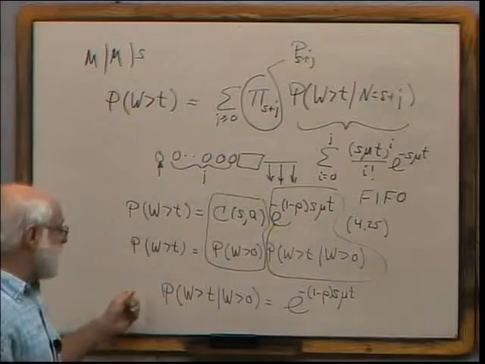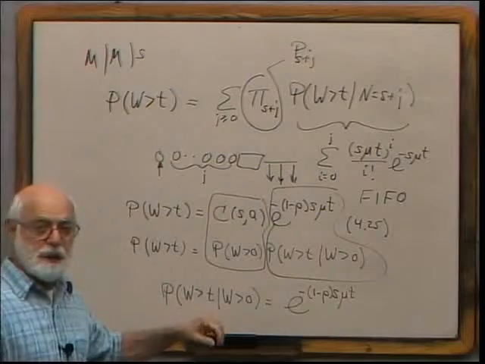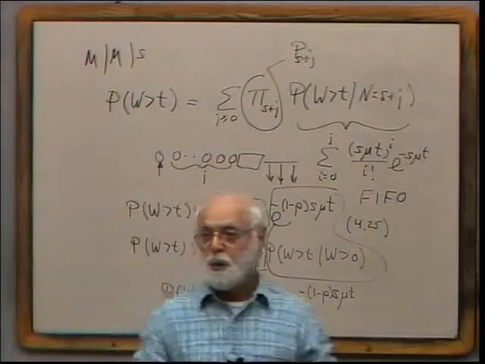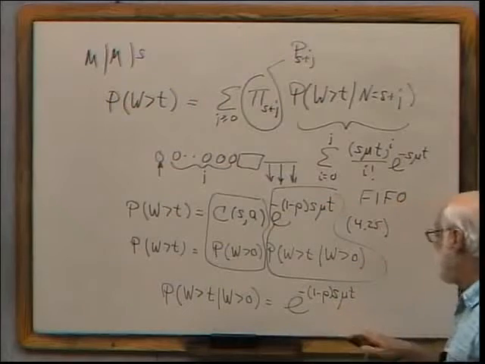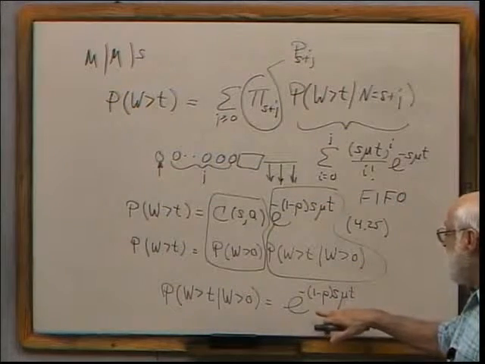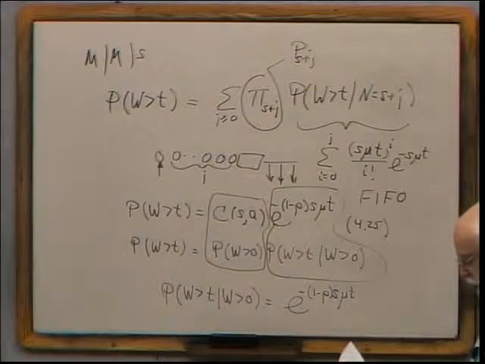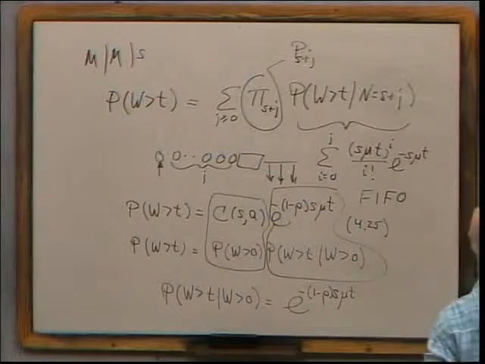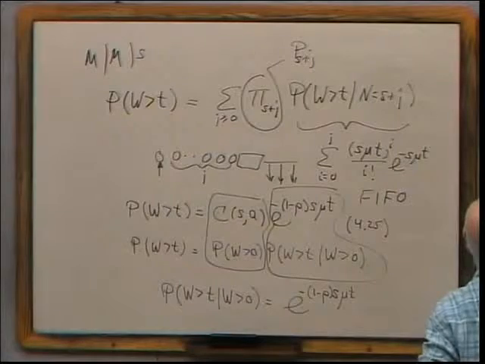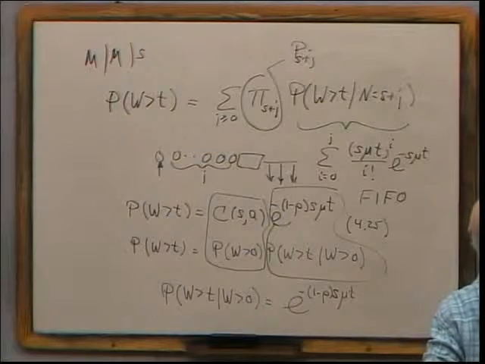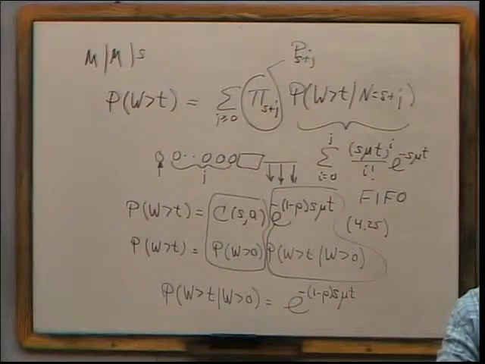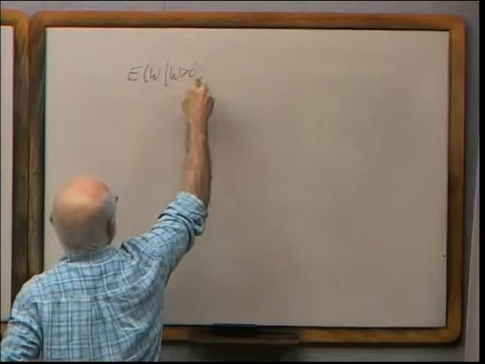So this says that the conditional distribution of waiting times, given that you have to wait, is exponentially distributed, and its parameter is (1 minus rho) S mu. So therefore, I can immediately write the expected value of the waiting time, given that you have to wait. This is the conditional average waiting time.